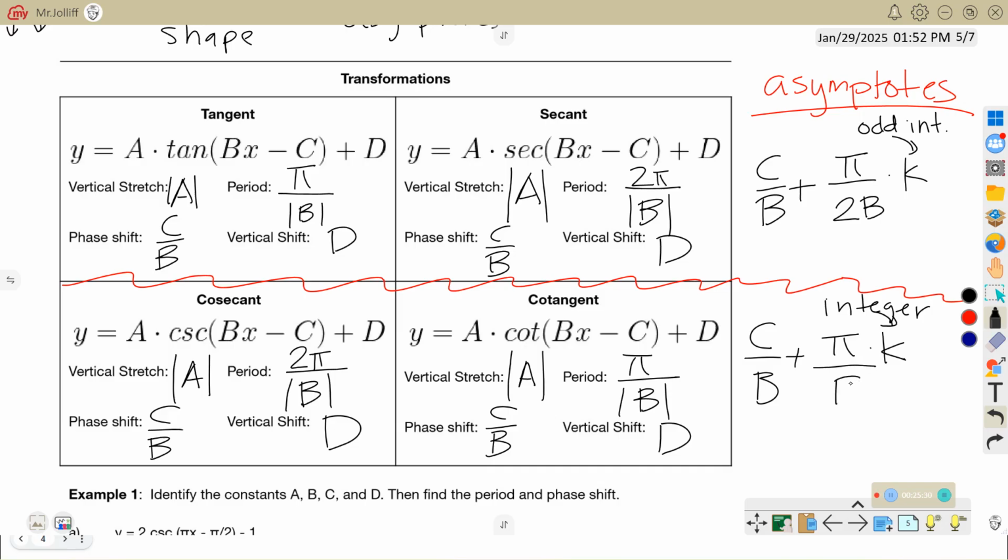Now I'm just dividing it by b. So take the old asymptotes, divide them by b, slap on the phase shift.